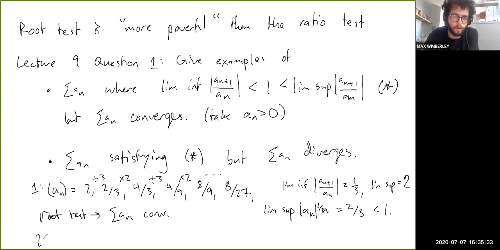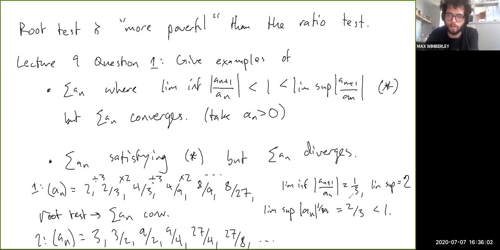And for the second one, it's a similar thing, but you flip which one you're dividing by and which one you're multiplying by. So the sequence a_n would be something like 3/2, 9/2, 9/4, 27/4, 27/8, and so on.